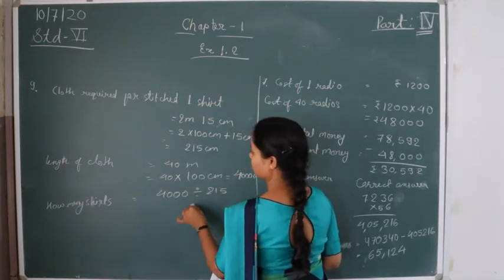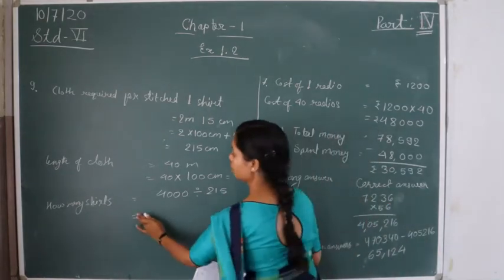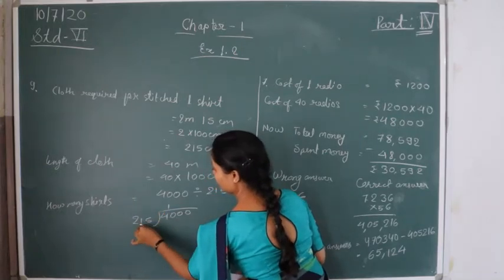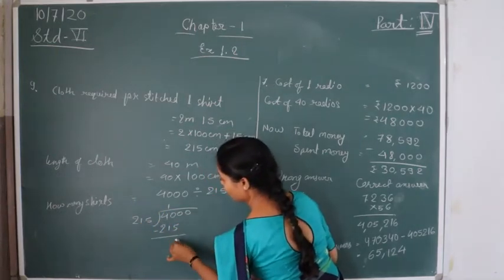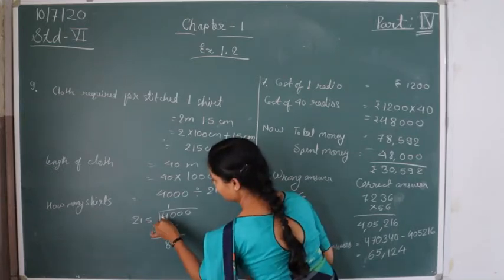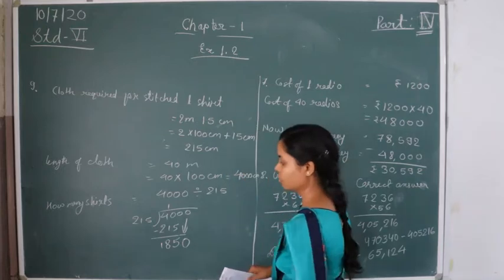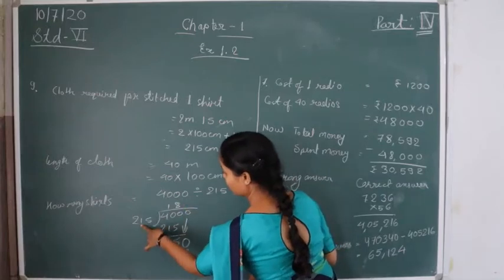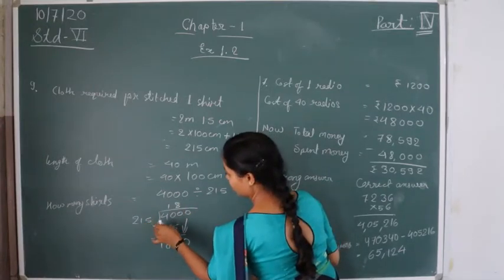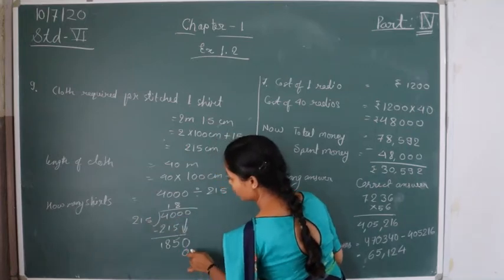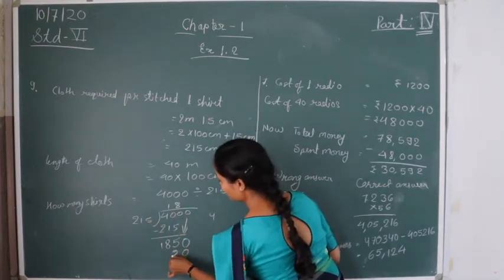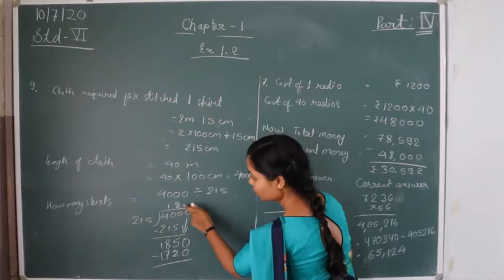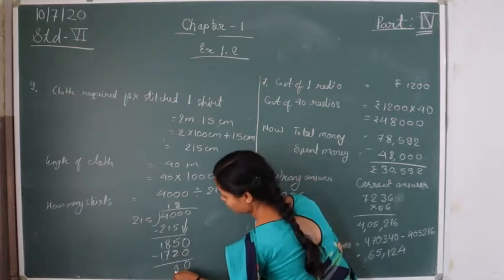Look here, when we divide, we got 8, 8 fives are 40, 8 ones are 8, and then the remainder, until we get the quotient 18 and the remainder 130.